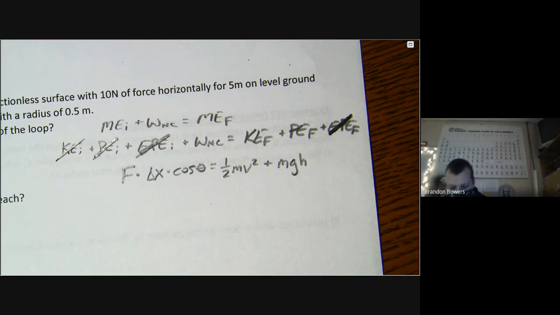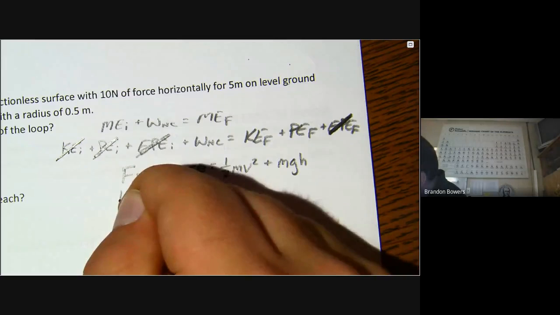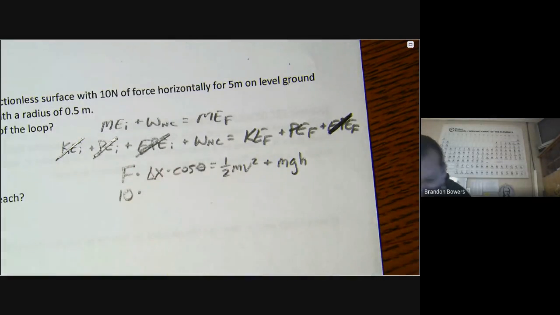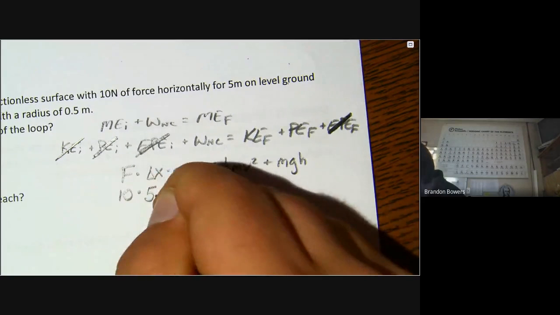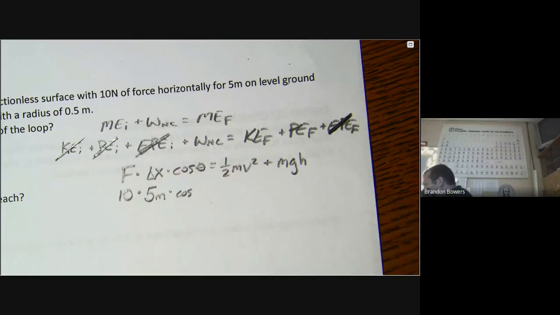All right, so let's plug in the values we know. Our force we're applying is 10. What's our delta x? How far do we move it? 5 meters. Times the cosine of theta. Now, we're pushing it, and it's going the same direction.